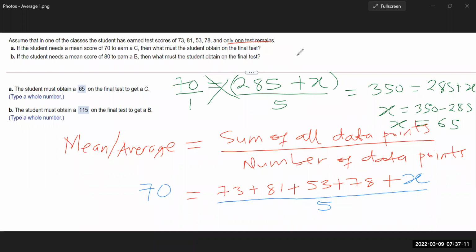Are you good? All right, now let's look at the B part, very similar to what we've done. What I'm going to do here is simplify it a lot more, so now let me clean this.